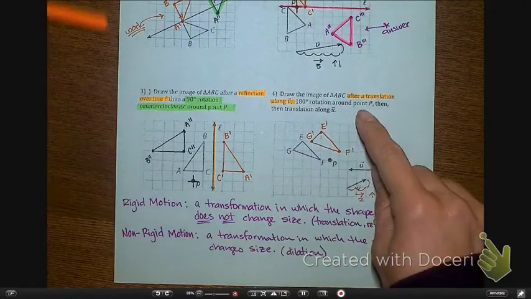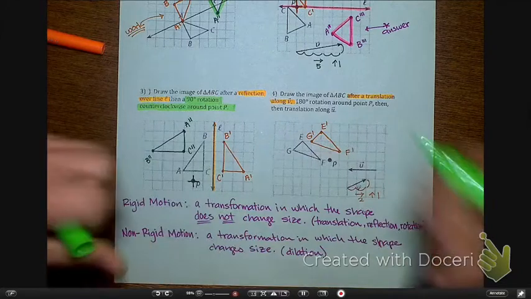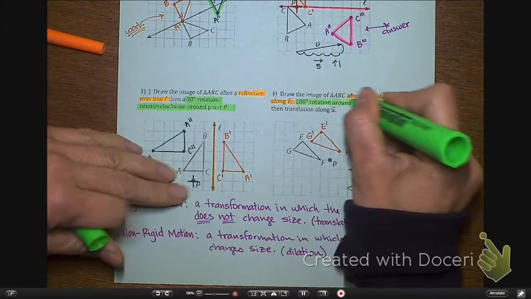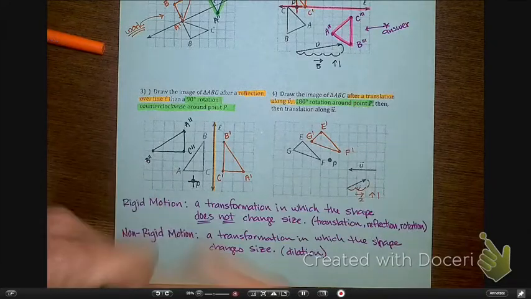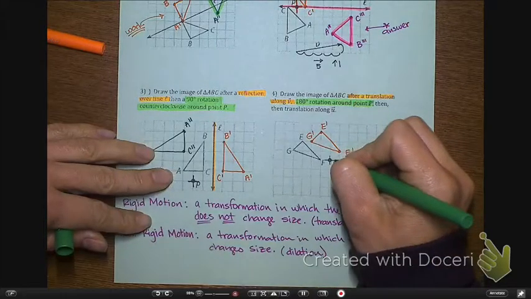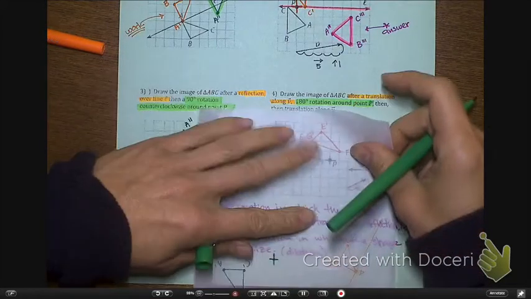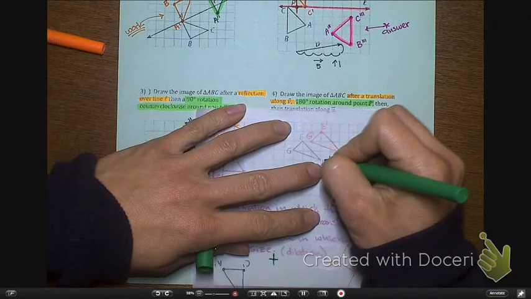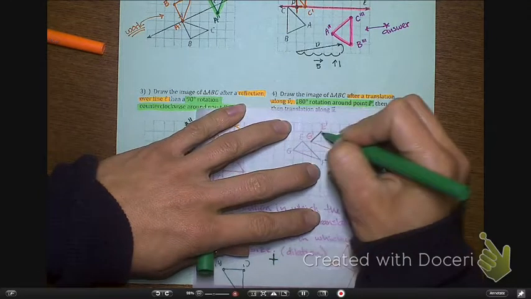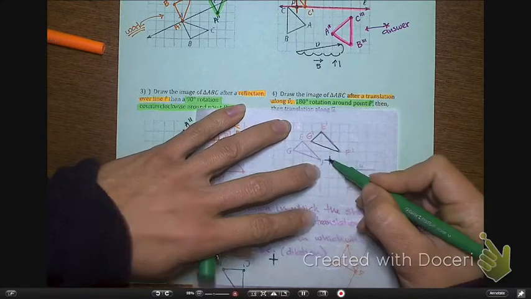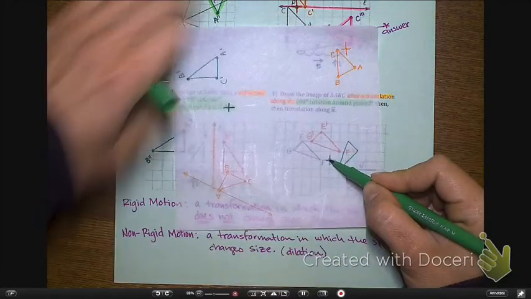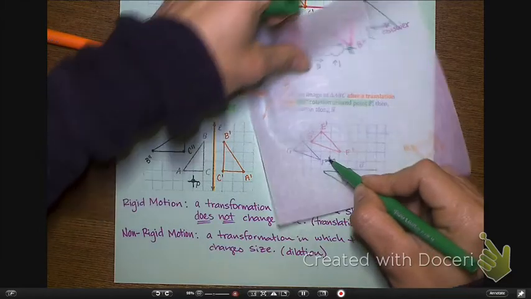The second part tells you 180-degree rotation around point P. So I'm going to put a cross through point P and rotate around that point. Here's my cross, and I'm going to trace the shape over. 180 means 1 and then 2.